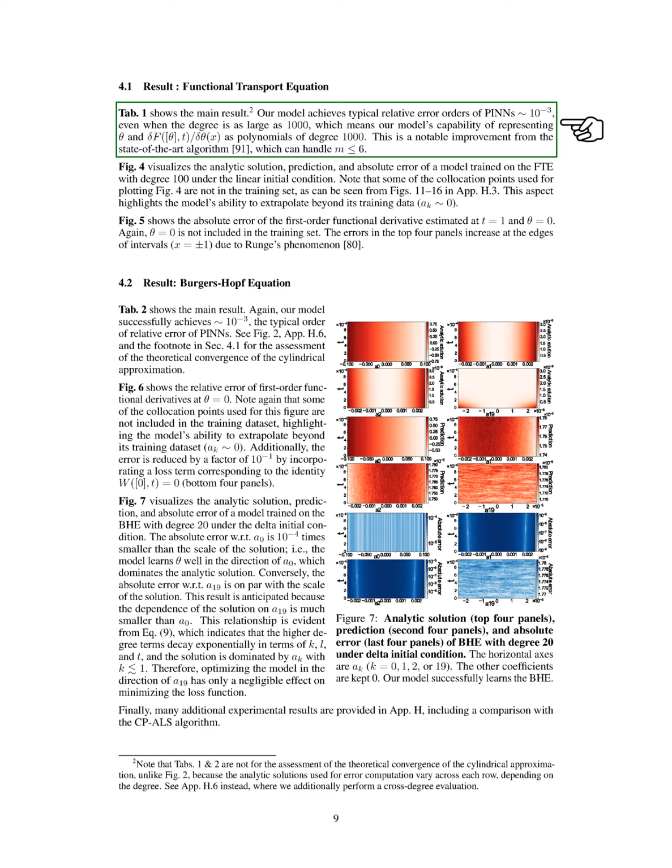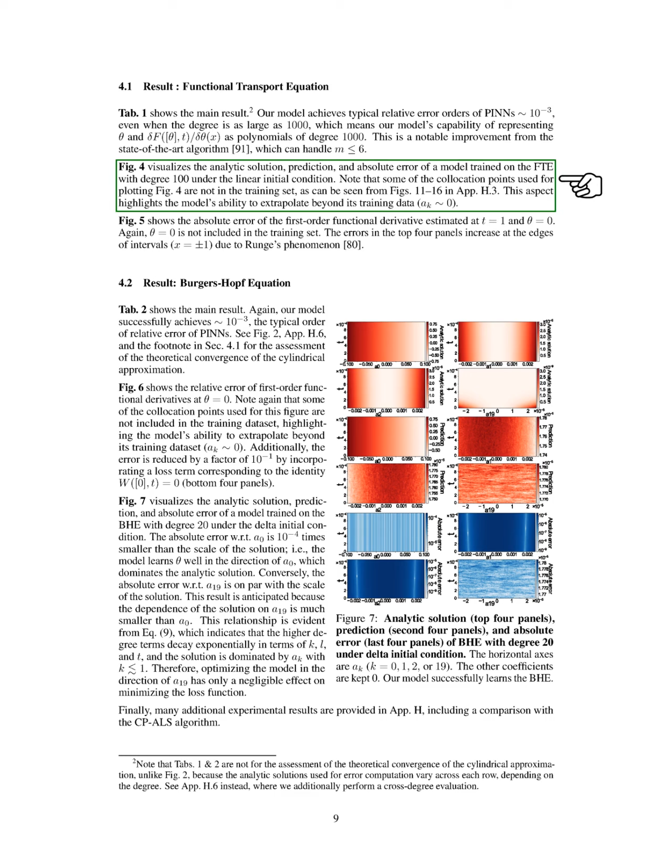Our main findings indicate that our model achieves relative error orders typical for PINNs, around 1,000th, even with a polynomial degree of 1,000. This demonstrates our model's ability to represent complex functions effectively, surpassing the capabilities of existing state-of-the-art algorithms.